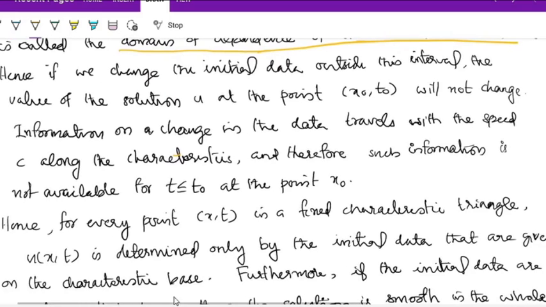Okay. Hence, for every point x, t in a fixed characteristic triangle, u of x, t is determined only by the initial data given on the characteristic base. Okay, that means for every point x, t in a fixed characteristic triangle, u of x, t is determined only by the initial data that are given on the characteristic base, isn't it?